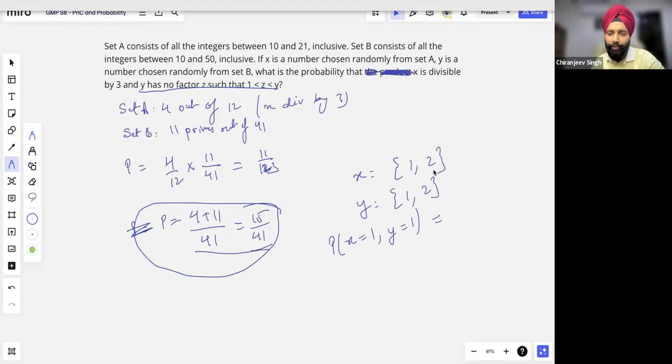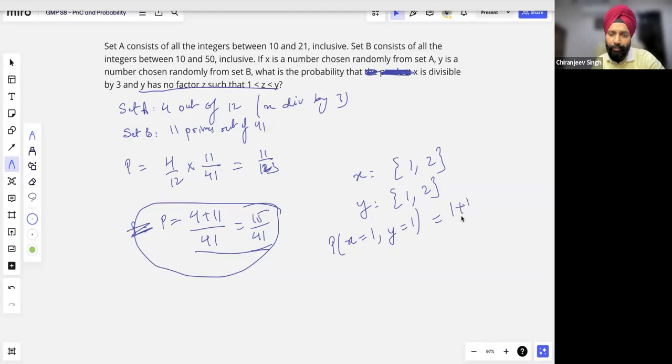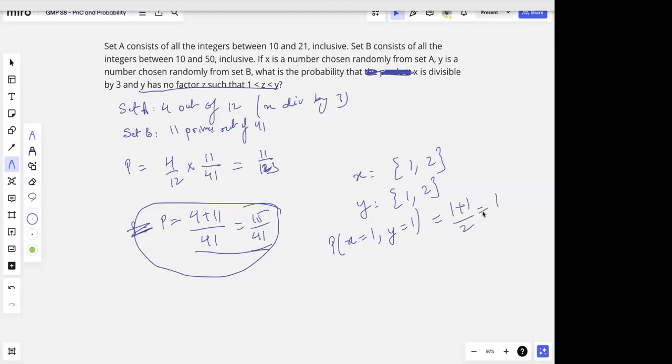If I follow the same approach that I've used, I would do 1 by 2 plus 1 by 2, which is 1. Yeah, that doesn't make sense.